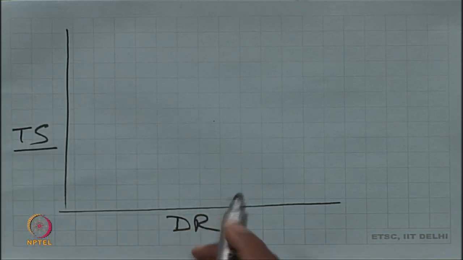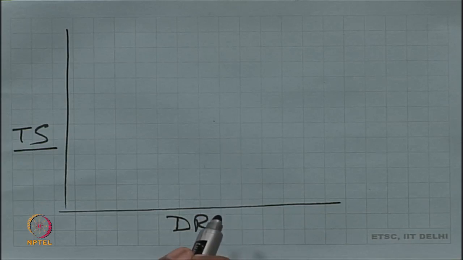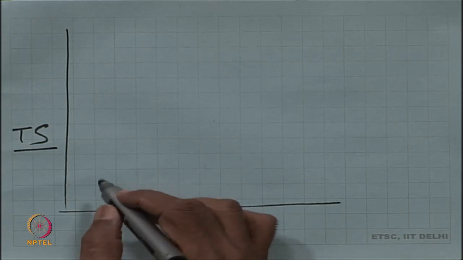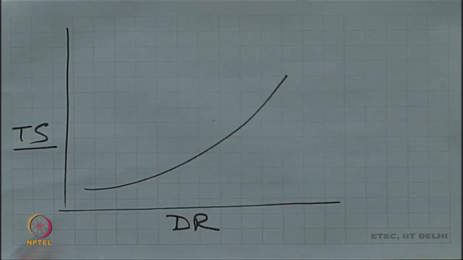They will increase. So, your broken filament is increasing and tight spot is also increasing.